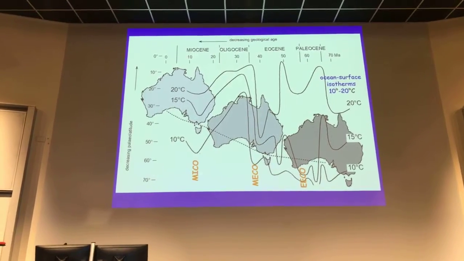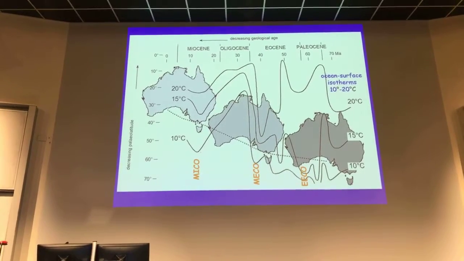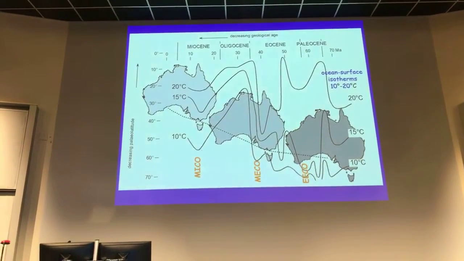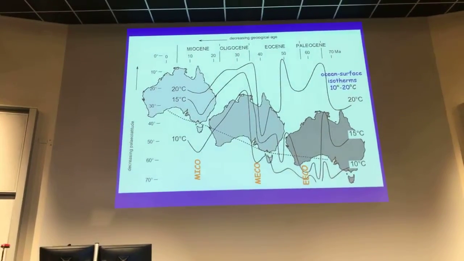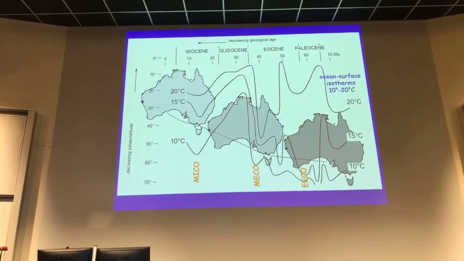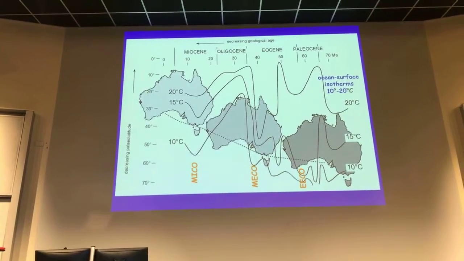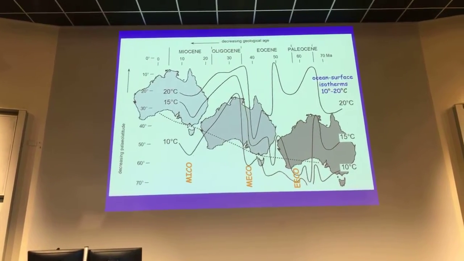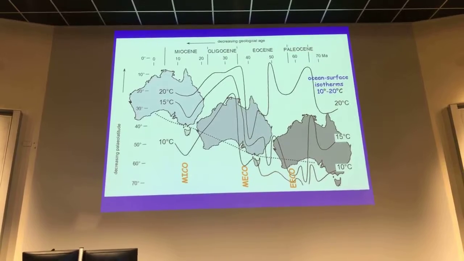This diagram, which is based on some work that Larry Frakes' group did decades ago now, shows some reconstructed isotherms for the ocean. The isotherms are taken from all over, including the Northern Hemisphere, so it's a pretty broad brush story.